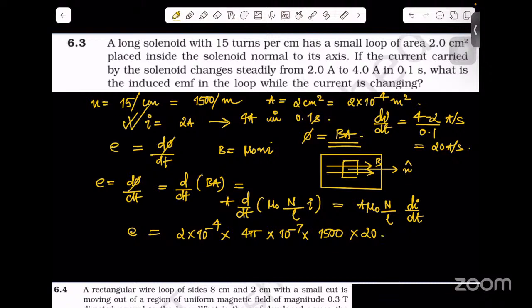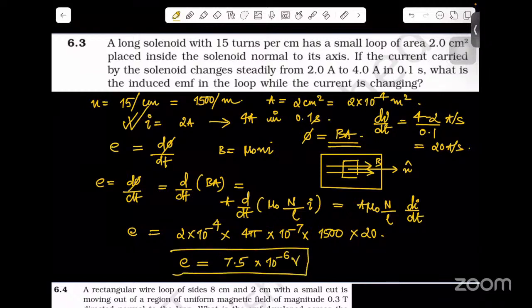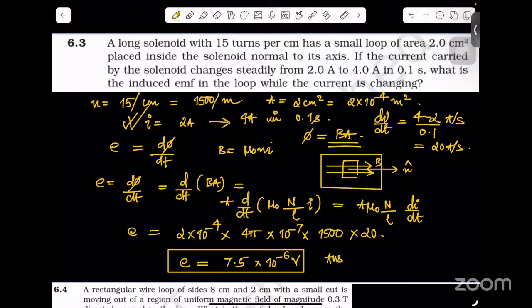So if you solve this equation, the answer will be 7.5 into 10 raised power minus 6 volts. This is the induced EMF in the small coil which is placed inside the solenoid.